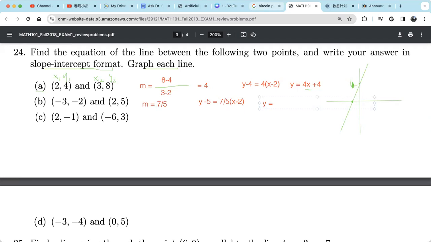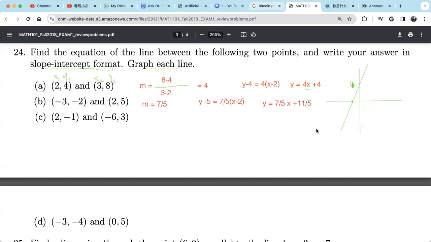So you get y equals 7/5 of x, then 7/5 times -2, then plus 5. We have to do some calculation about this. So that's -14/5 plus 25/5. Well, -14 plus 25 is positive 11. So we get plus 11/5. Oops.